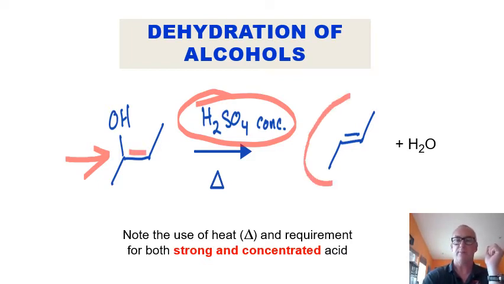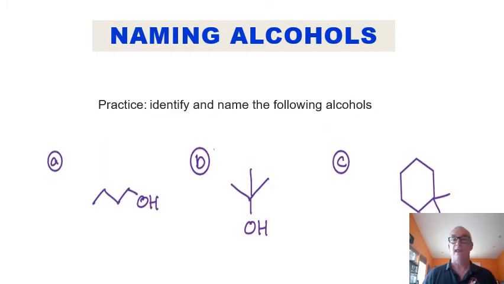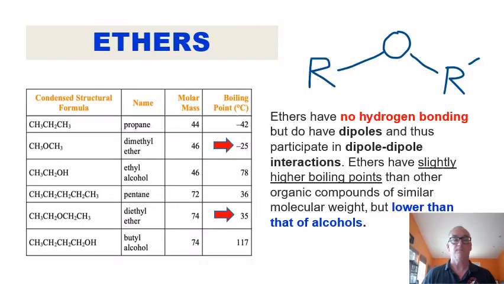So that would be our product, and then water is the other product. So very, very strong acids will do this. And so we can reverse our hydration reaction by doing a dehydration reaction. And it would just be the Markovnikov reaction going in the opposite direction. And we'll name these tomorrow as well.